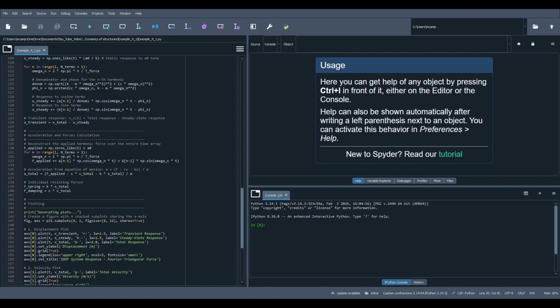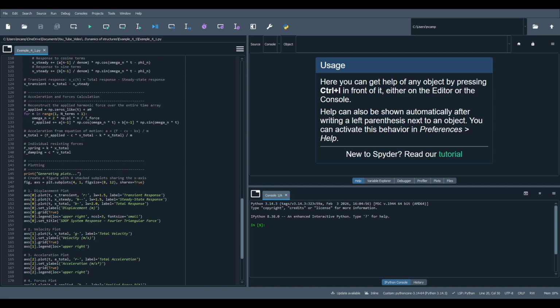The acceleration total is F applied minus c times velocity minus k times x total, divided by m. The individual resisting forces are F spring equal to k times x total, and F damping equal to c times the velocity.